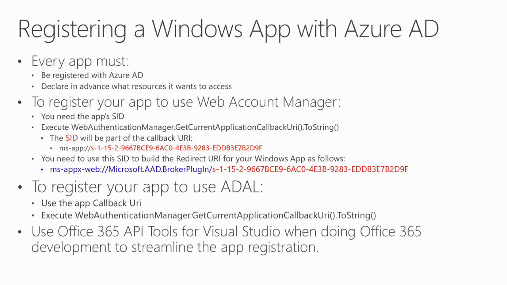There's one thing that we need to do with Azure AD, is how many of you built Azure AD apps before? No? This is the first time? Okay. One of the ways that Azure AD validates whether the request is actually coming from your app versus somebody else's app is having a redirect URI that matches with your app. So with Windows 8.1, we always recommend to have the callback URI.